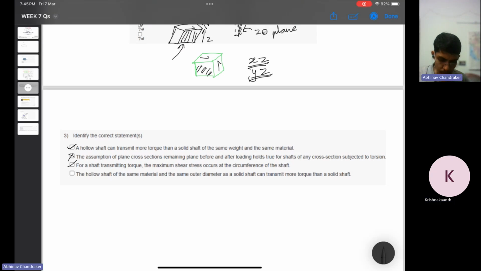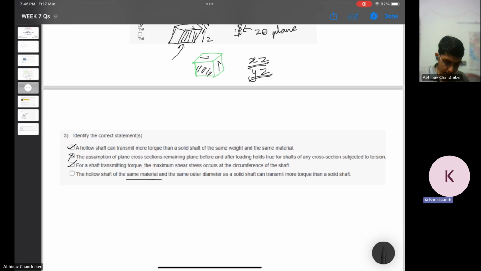Same material means the same amount of material is used for these two shafts, so the diameter for the hollow shaft should be higher. Just try to read the option slowly.